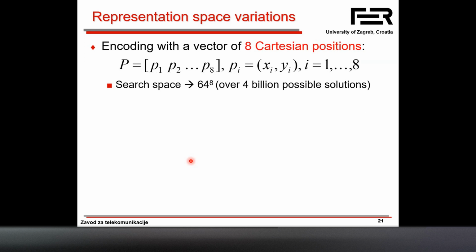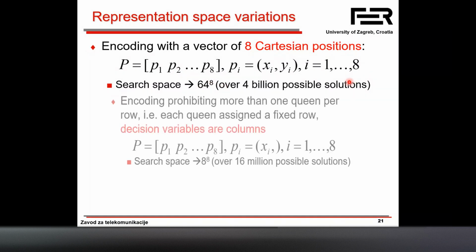So first, if we encode our solution as a vector of 8 Cartesian positions, each of these elements indicates the space on the chessboard where a certain queen is located. Each of these can take on, we have 8 rows and 8 columns, so we have 64 possible locations for each queen. We have 8 queens, so that's 64 to the 8th, over 4 billion possible solutions. So that's a large search space.